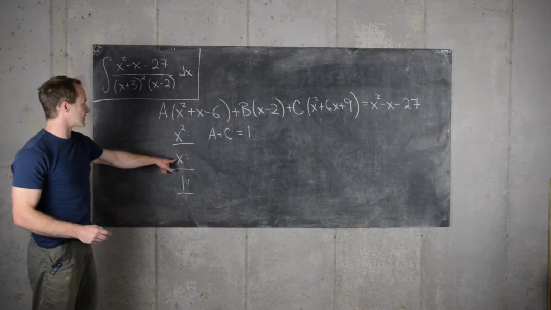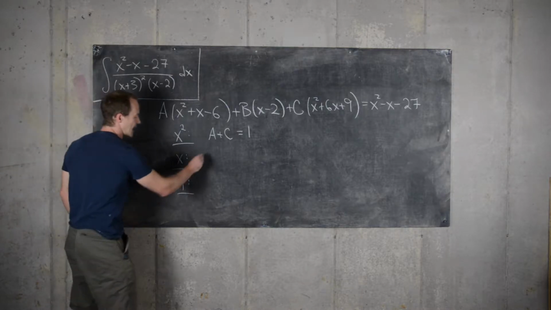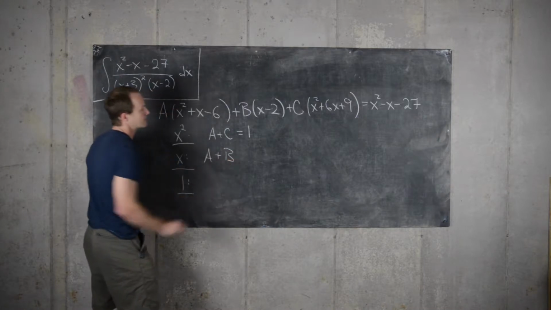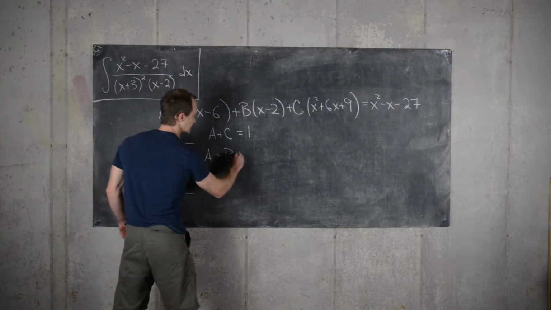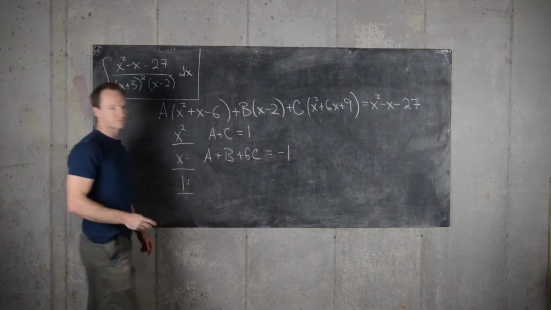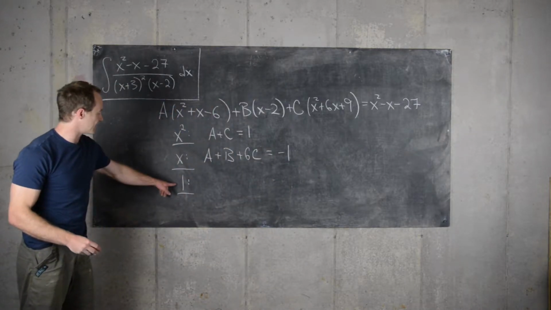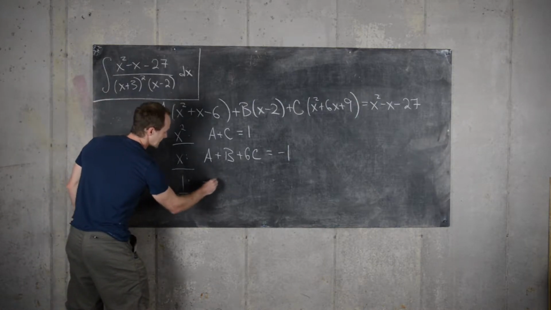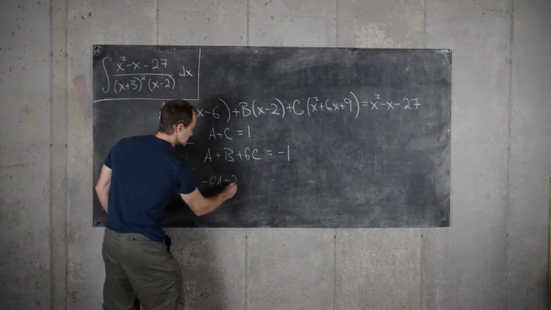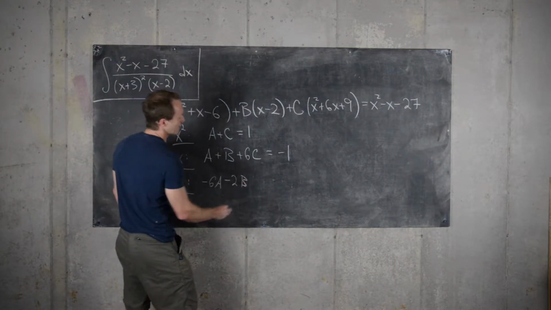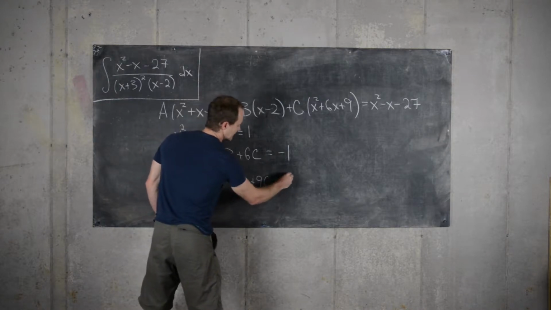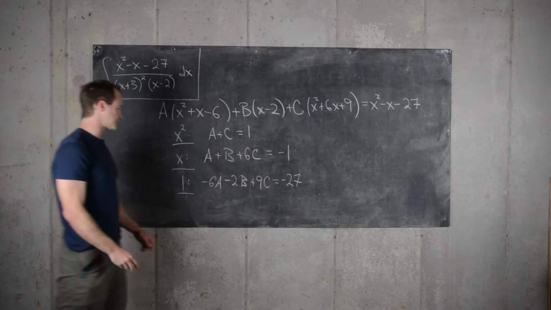And then for the x terms, on the left-hand side we have a, plus b, and then plus 6c equals -1. Okay, good. And then finally for the constant terms, we have -6a minus 2b plus 9c equals -27.